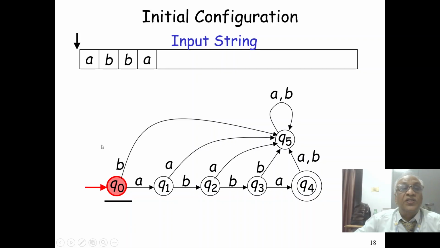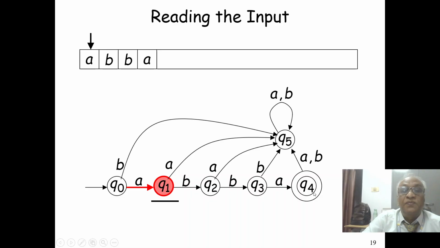So at the initial state, input A will go to Q1, then input B will go to Q2, then input B again will go to Q3, and input A will go to Q4. As the input string is completed, we reach an accepting state. So this indicates this language is accepted by the machine.